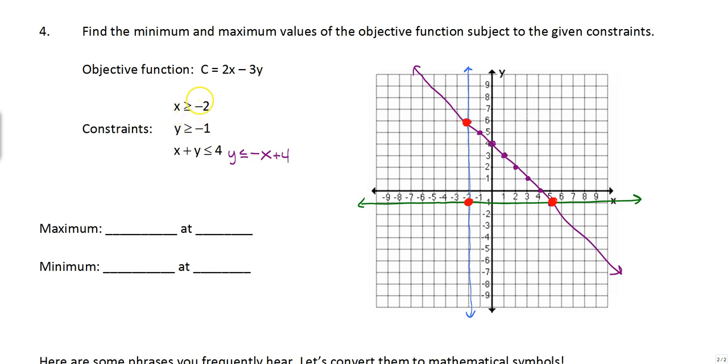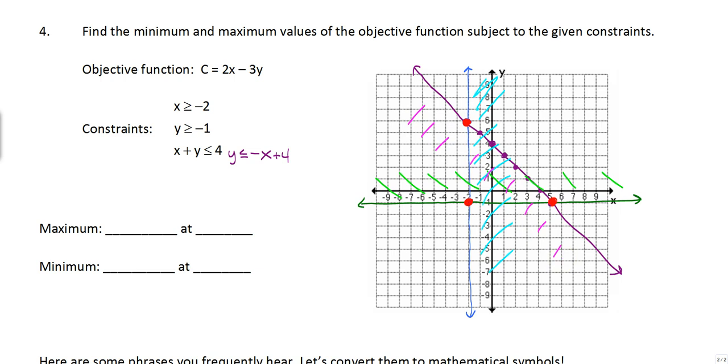So x was greater than or equal to -2, so we're going to be shading to the right of the blue line, and y was greater than or equal to -1, so I'm going to be shading above the green line, and then less than or equal to the purple line.